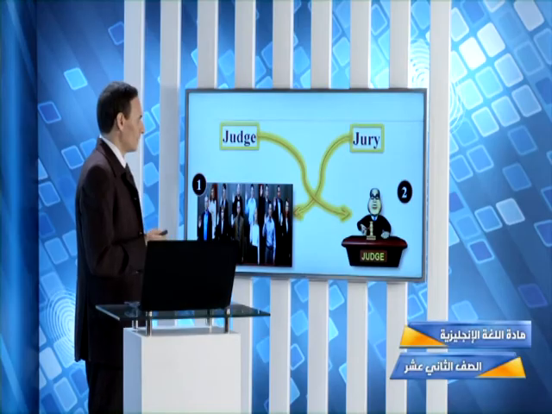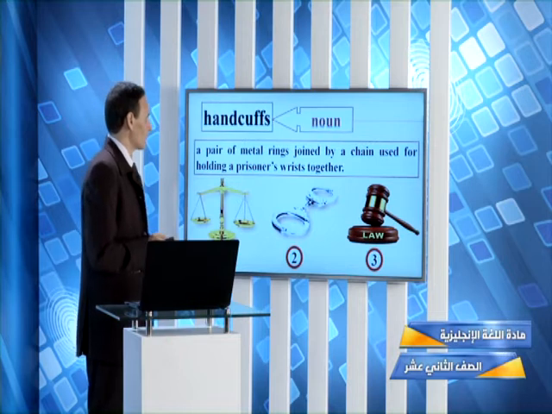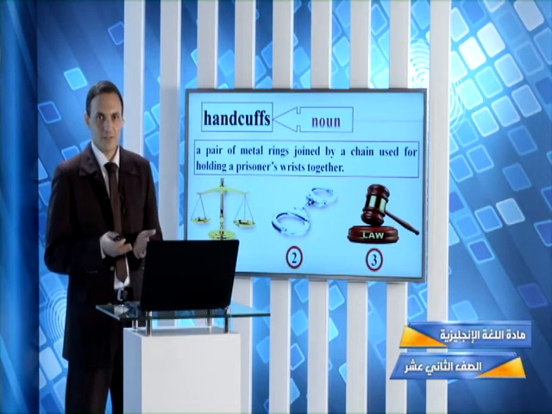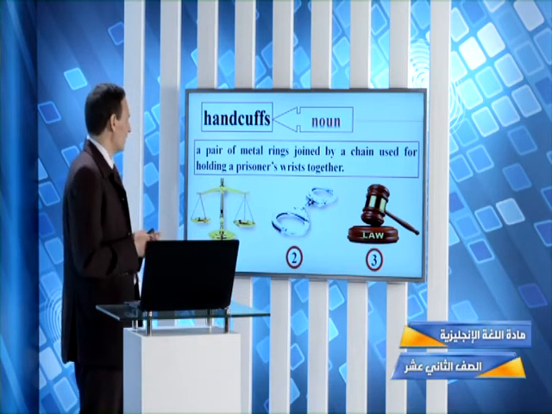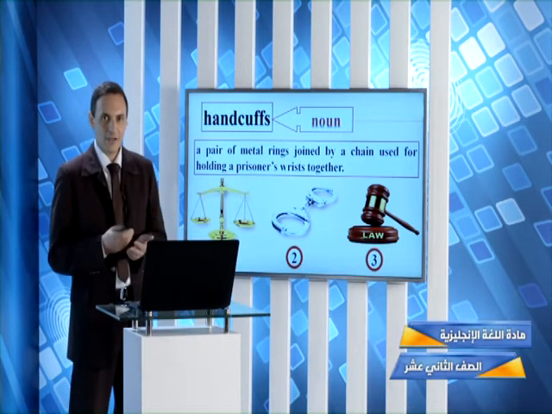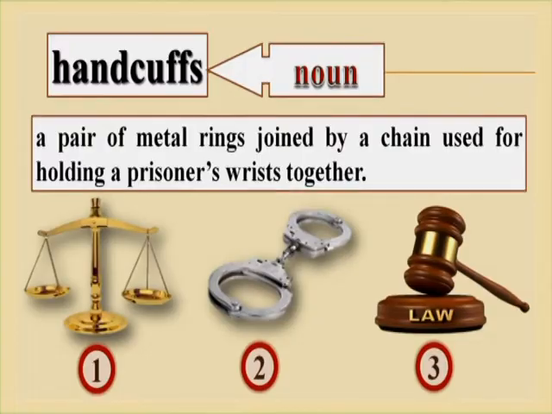All right? Next word is the word handcuffs, a pair of handcuffs. This is a noun, and by definition, handcuffs means a pair of metal rings joined by a chain used for holding a prisoner's wrists together. Now, you have three pictures here, and one of these three pictures is that of a pair of handcuffs.